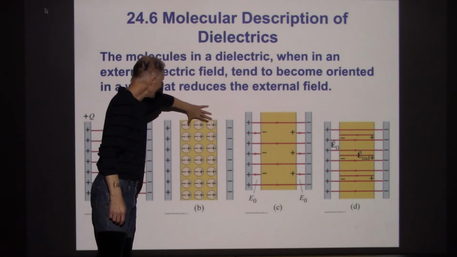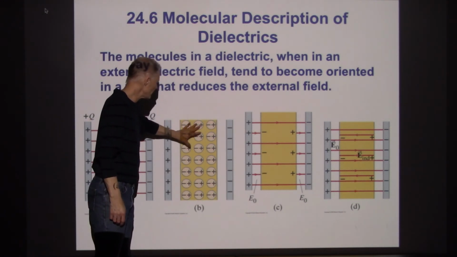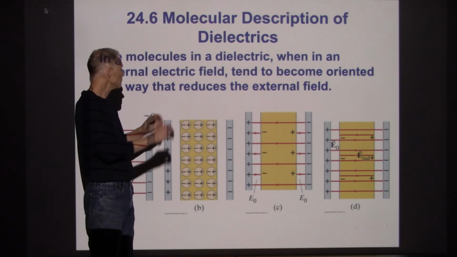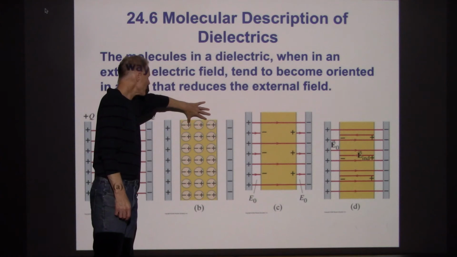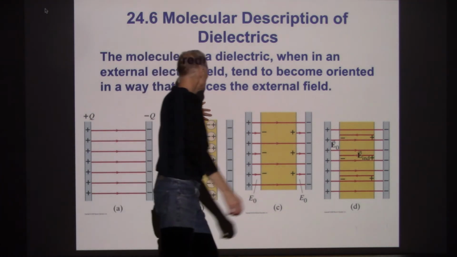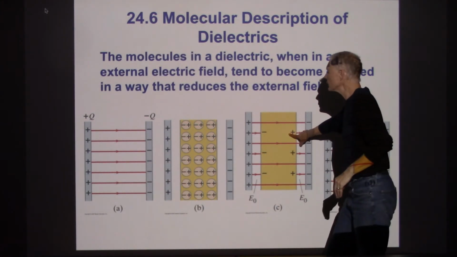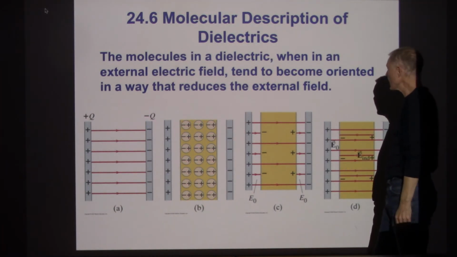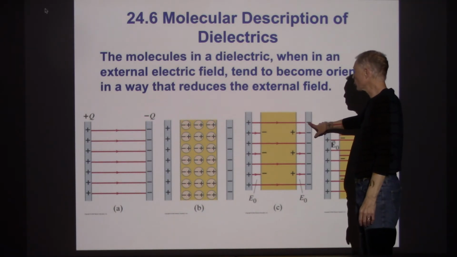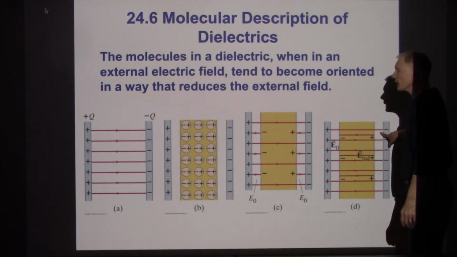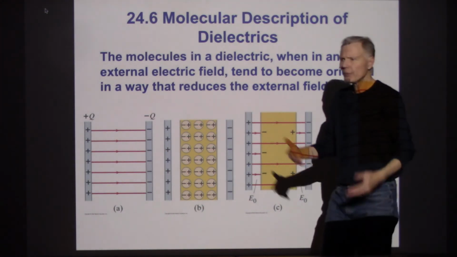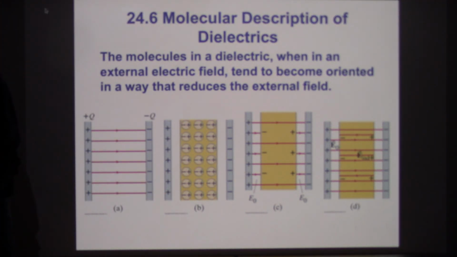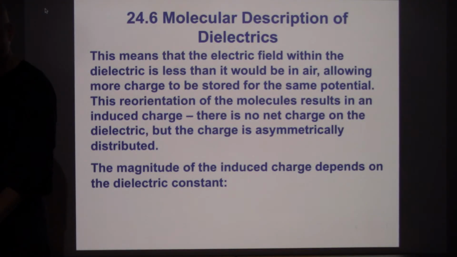That means that within the material, we can think of individual atoms as having a negative side and a plus side. That generates an electric field of its own, which opposes the electric field being set up by the plates. Well, the plates interpret this as, we don't have enough charge stored up yet, and so they can store additional charge. It's a nice feature that the capacitance goes up by putting materials inside.